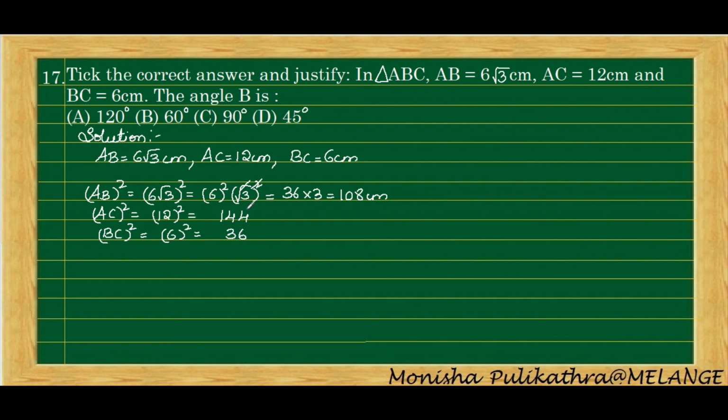Here the larger number is 144, so I will be taking it as hypotenuse. I have already done the square, there is no need of doing it again. So hypotenuse square is equal to the sum of the squares on the other two sides. So 144 is equal to 108 plus 36, which is again 144. So it is satisfying the Pythagoras theorem.